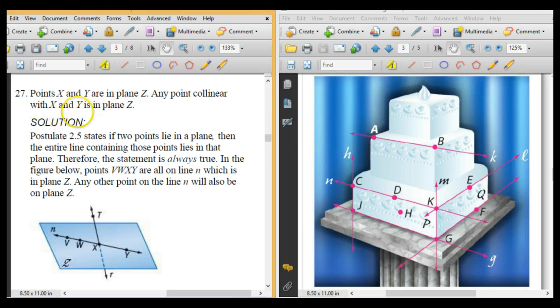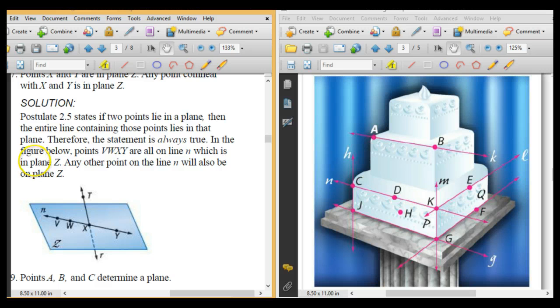In the figure below, points V, W, X, and Y are all on line N, which is in plane Z. So V, W, X, and Y are all on this line N, which is in this plane, plane Z. Any other point on line N will also be on plane Z, even if the point is clear out here, because remember that the plane would also extend past these boundaries right here.